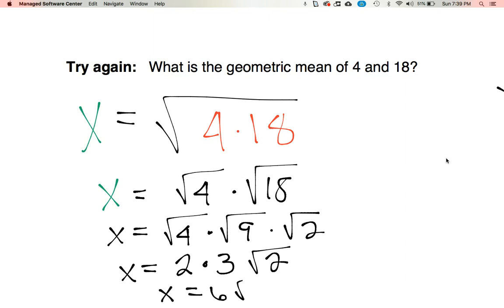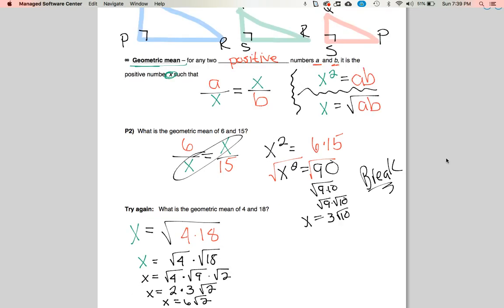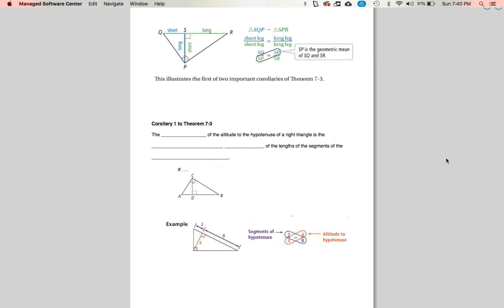So 6 times the square root of 2. Don't try and memorize them. Like that one would have been the square root of 72. Don't try and memorize what the square root of 72 simplifies down to, because there's questions that will force you to be confronted with something you don't know possibly.